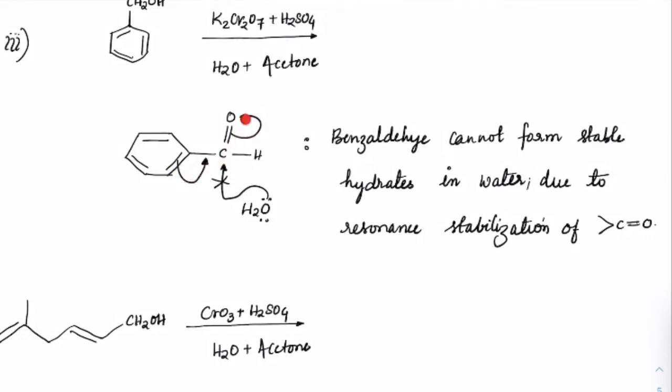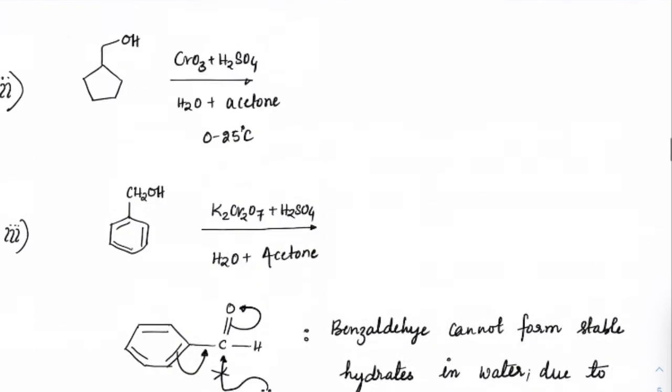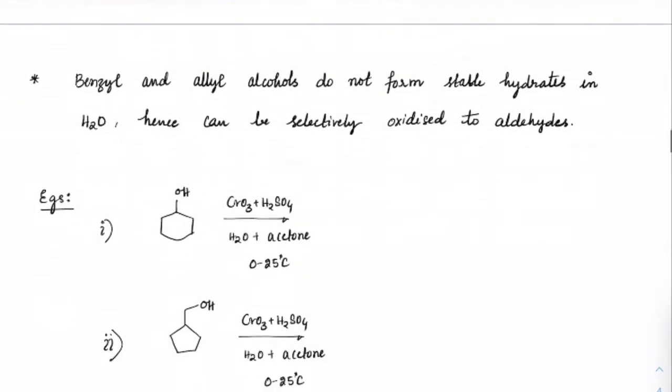If you add water, this resonance will be lost, so this carbon will not encourage any nucleophilic addition. So benzyl and allyl alcohols do not form stable hydrates in water because of the resonance stabilization. That's why wherever you see allyl or benzyl cases, they will end up at aldehydes only, even if you use Jones reagent.